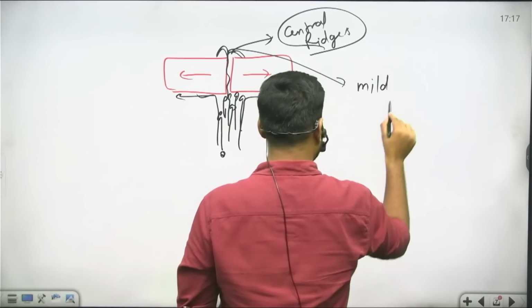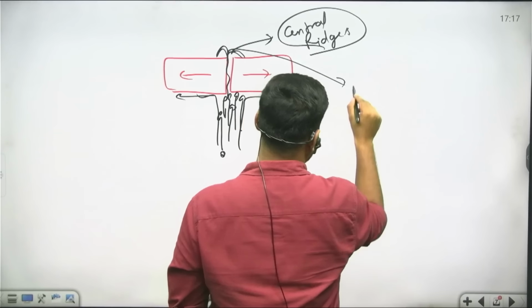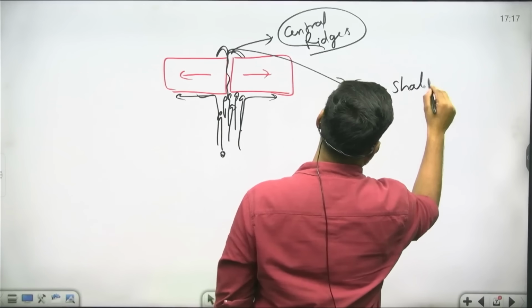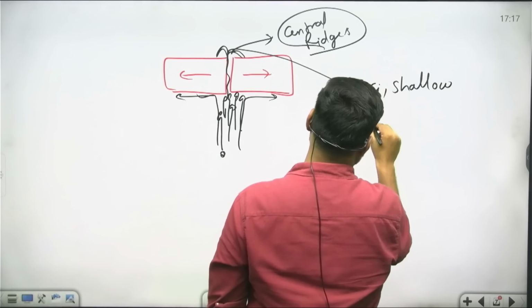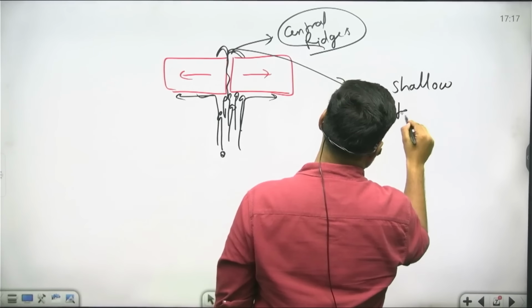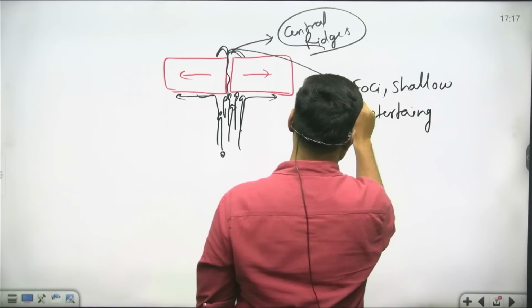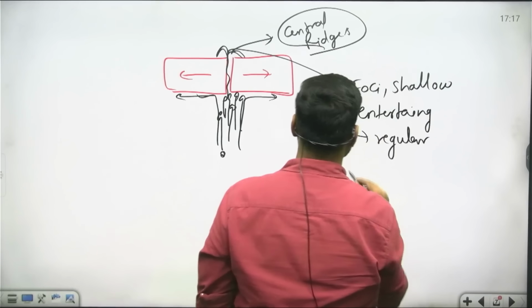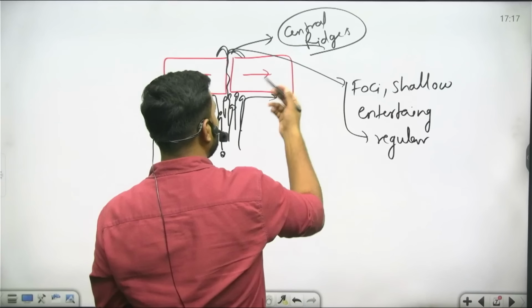This type of earthquake is, you can say, focally shallow, entertaining, but regular, not periodic, and with continuous volcanicity.